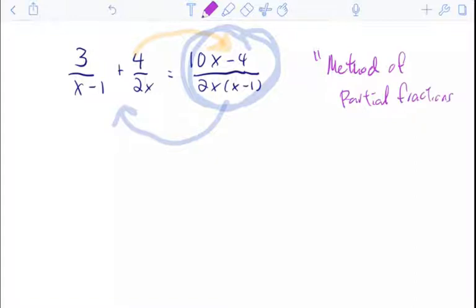The name itself is derived from partial fractions. So for instance, if you go, let's see, 2 over 3 plus 3 over 4.